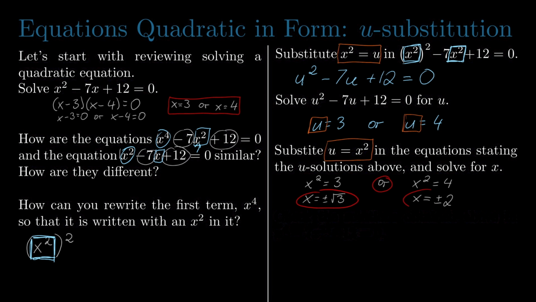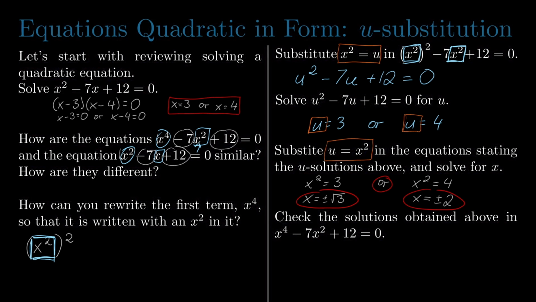Just to make sure, let's quickly check our solutions in that original fourth degree equation. Notice that when plugging in for x, it is squared and raised to the power of 4, and squaring or raising to any even power will always make numbers non-negative.